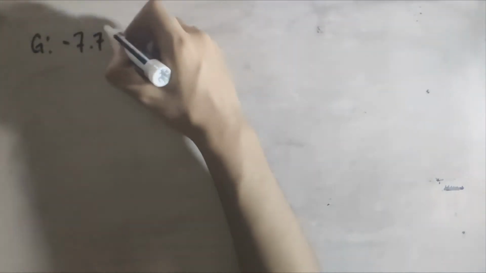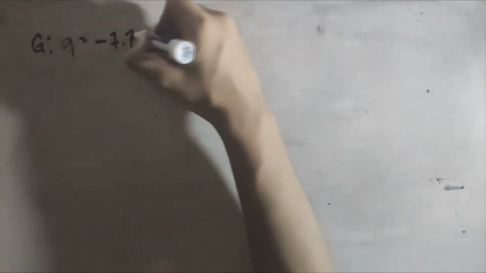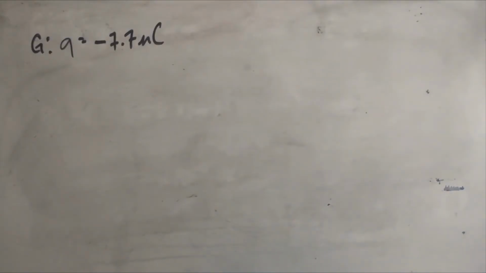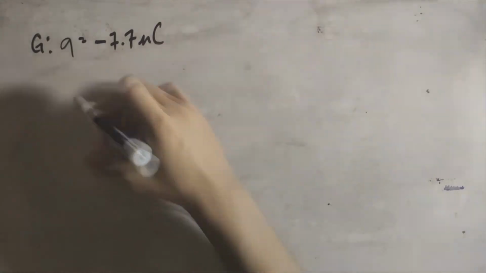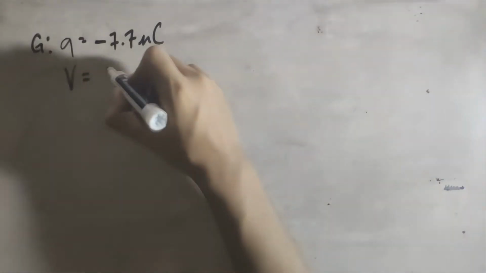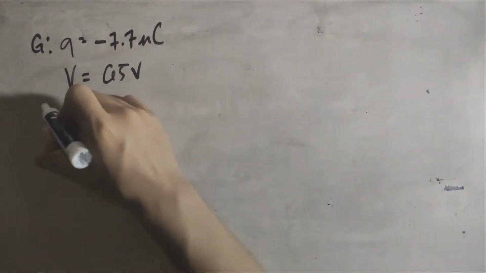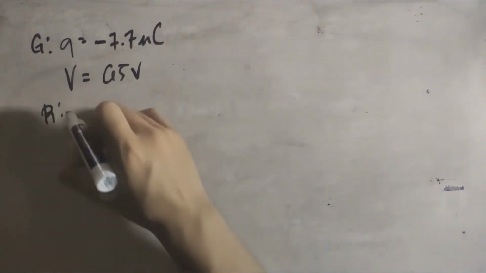For another problem, let's try to solve it. Our given, first we have a charge of negative 7.7. Write the variable first, so that's negative 7.7 microcoulombs. Then we have an electric potential, so that's voltage, which is 65 volts. Required is potential energy, correct?